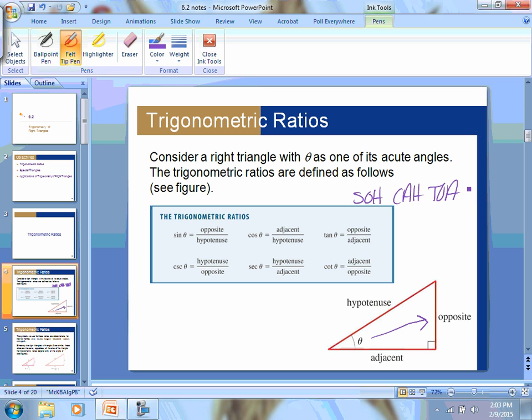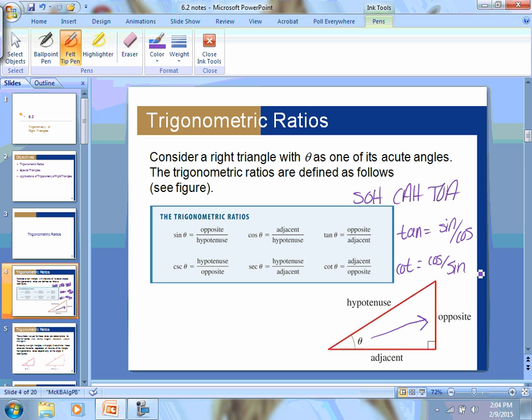And then we have our inverses as well. We have cosecant, which is hypotenuse over opposite, secant, which is hypotenuse over adjacent, and then cotangent, which is adjacent over opposite. And remember, we also know that tangent is the same as sine over cosine, and that cotangent is the same as cosine over sine.